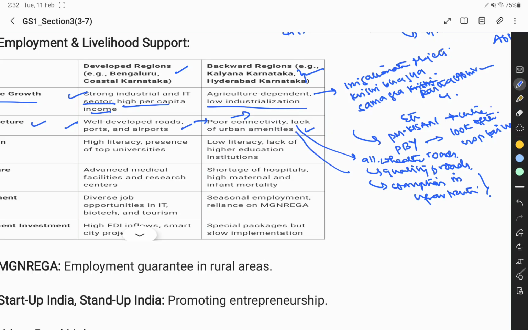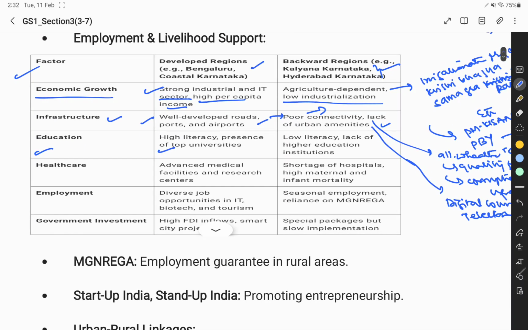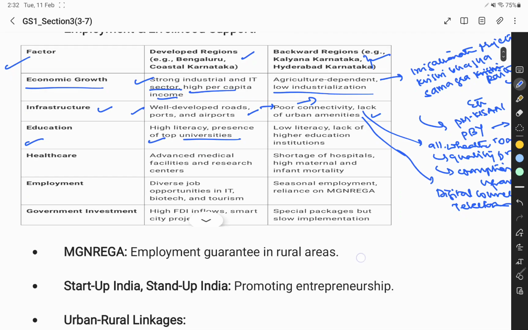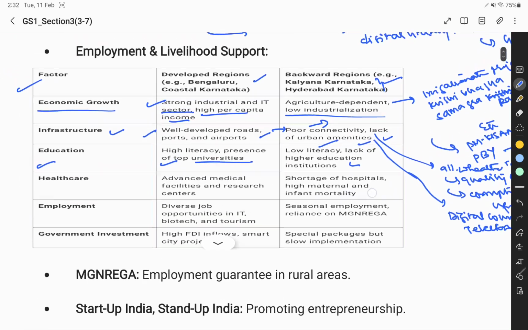Then the lack of urban amenities, be it digital connectivity, telecom, etc. Then under education, urban areas are obviously highly literate, with the presence of top universities, while on the other hand backward regions have low literacy and a lack of higher education institutions.